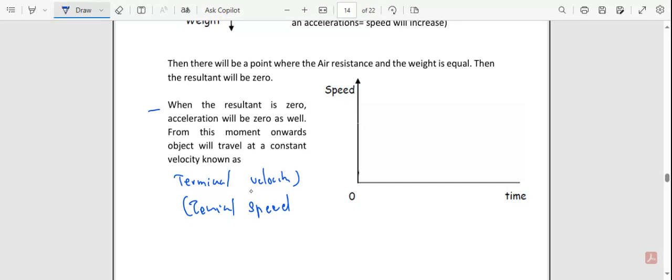So if you draw the motion of an object throughout this section, whatever motion the object is having, the shape of the graph will look like a curve like this. Write that part and draw the shape of the graph.